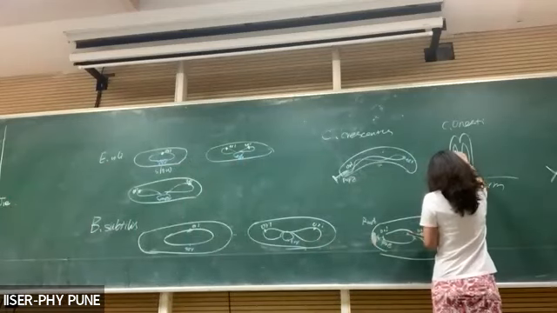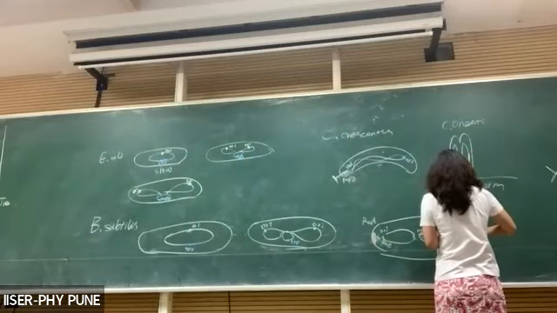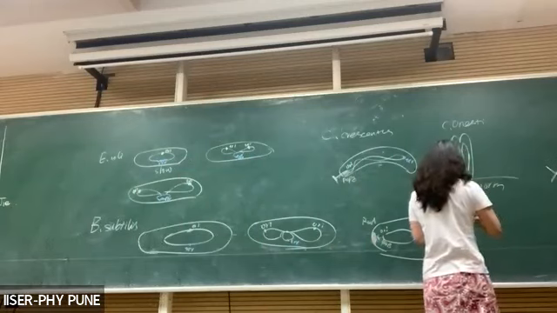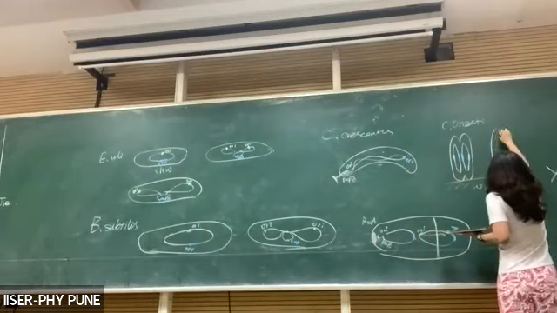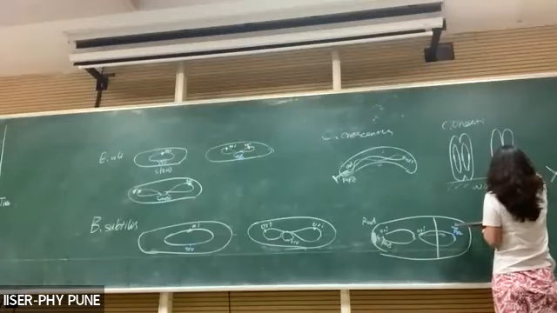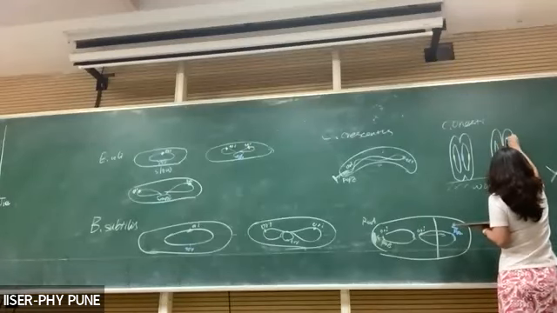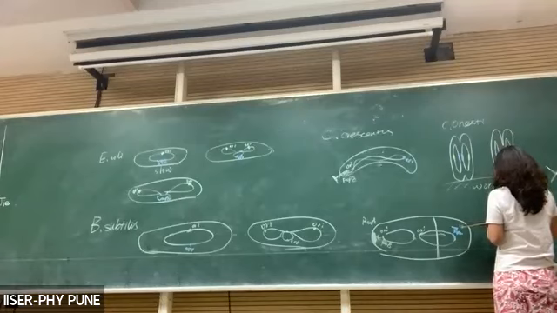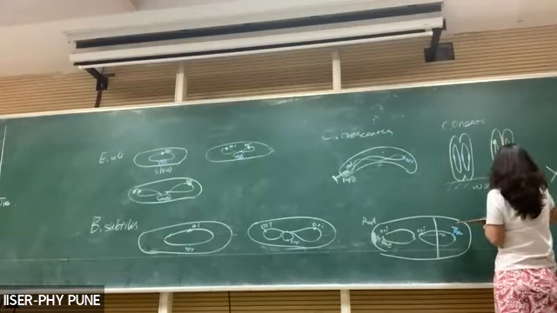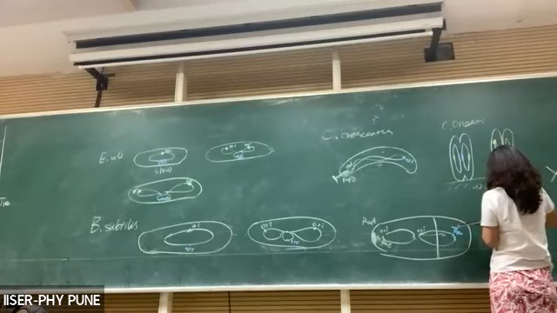So this is your ori facing outside and your TER facing inside. When you start the division, the chromosomes actually start moving differently. One side of the chromosome, the ori, moves to the other side, and TER moves to this side.